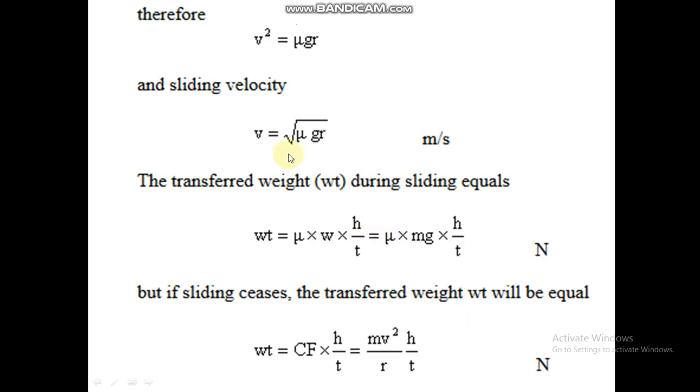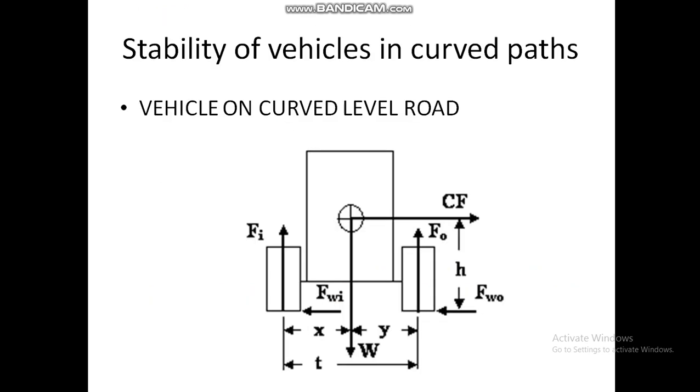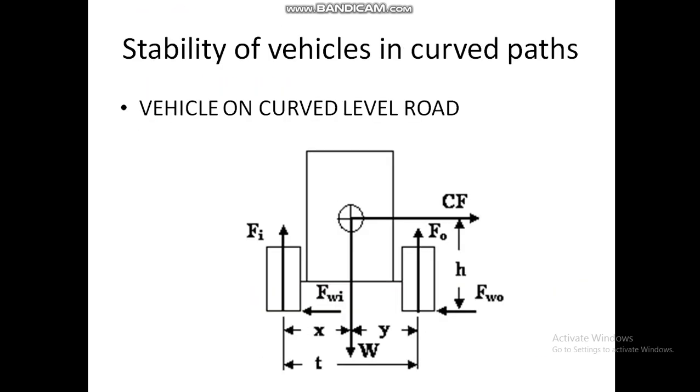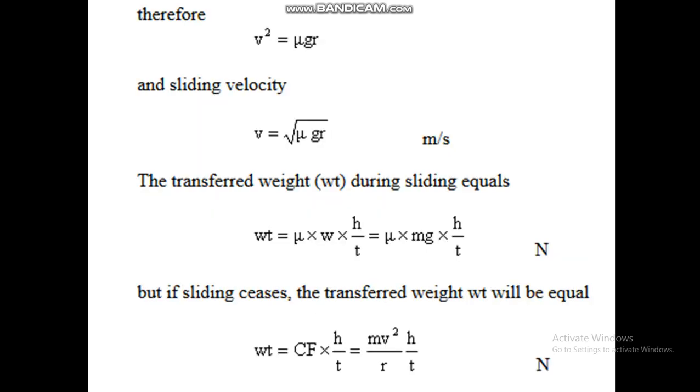So velocity is square root of mu g r, in meter per second. This is your sliding velocity. Means if your velocity is greater than square root of mu g r, then your vehicle will start to slide or skid towards the right side while taking a turn towards the left side. From the driver's side, the directions will be opposite.